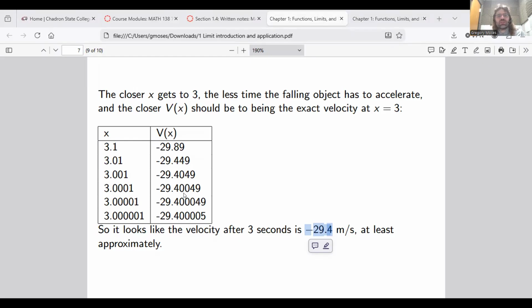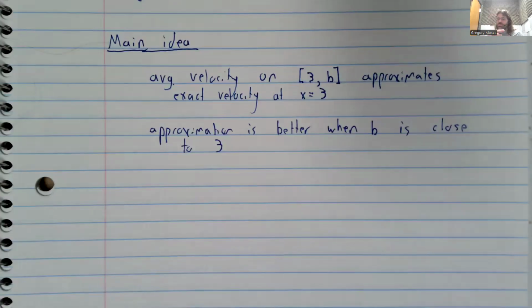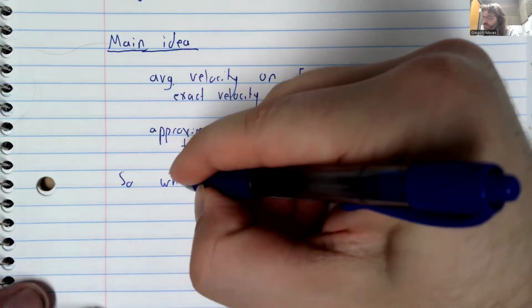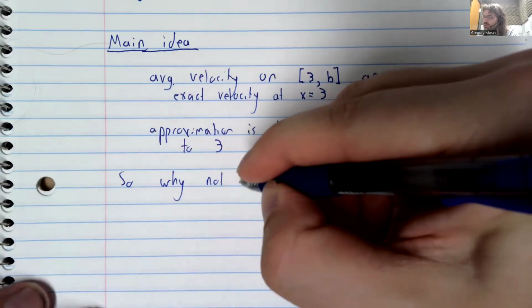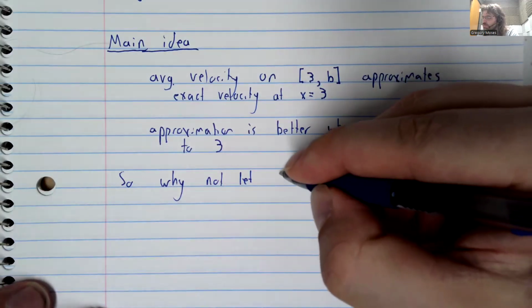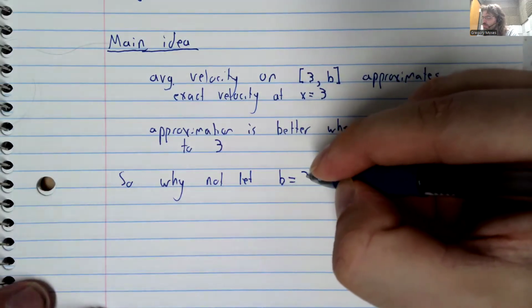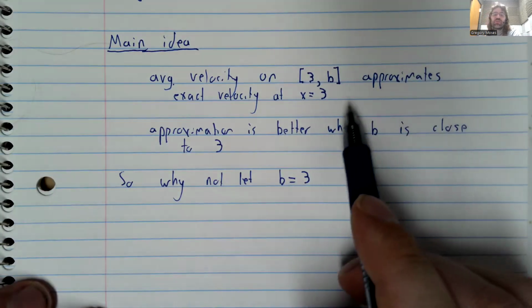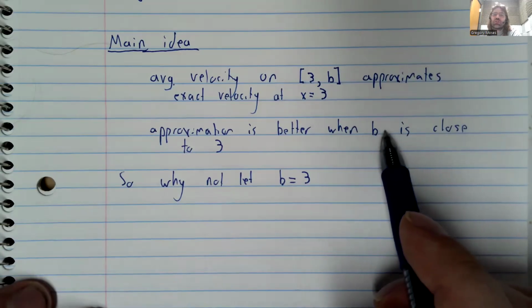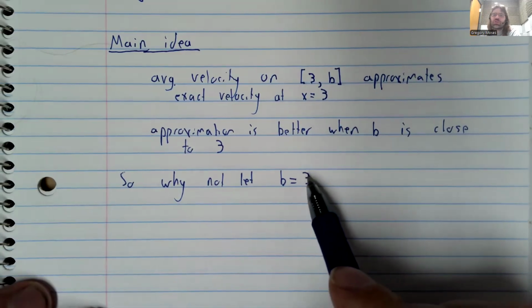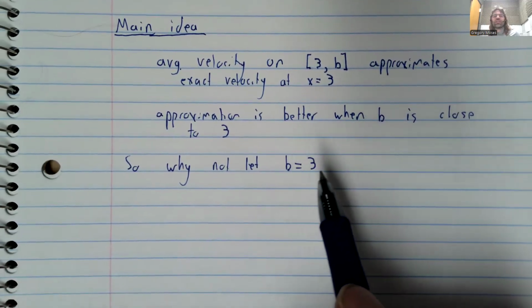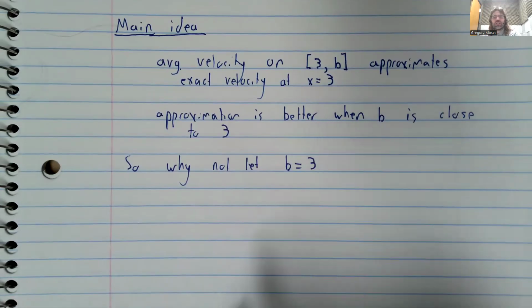All right. So why not let this just be 3? If we want B to be close to 3, well, nothing is closer to 3 than 3 itself. So why don't we just let B equal 3?